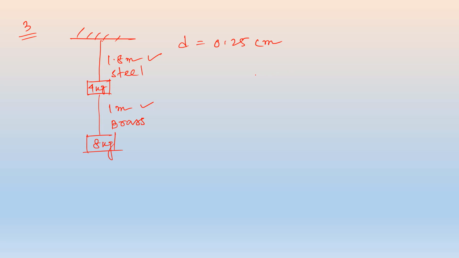In this case, you just have to find out the elongation, delta L1 for the case of the steel wire, and delta L2 for the case of the brass wire. Okay, for that case, what things you need are given over here. Just try to find it out.